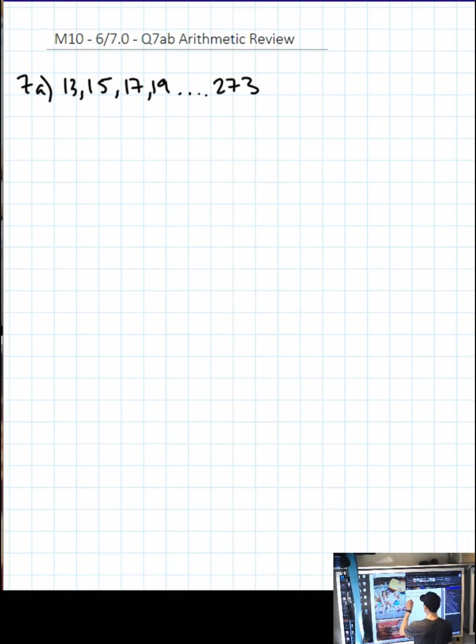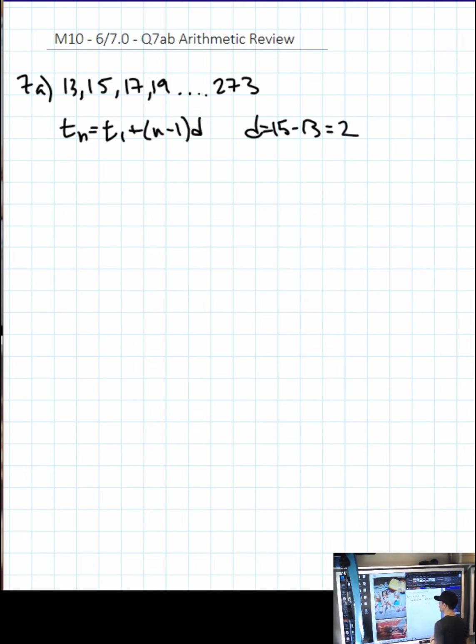So we have the term formula, Tn equals T1 plus (n minus 1)d. Let's find d. d equals 15 minus 13, taking a term and subtracting the term before it. Now, we know every term is Tn. We want to use the last term as Tn and put 273 in for Tn.